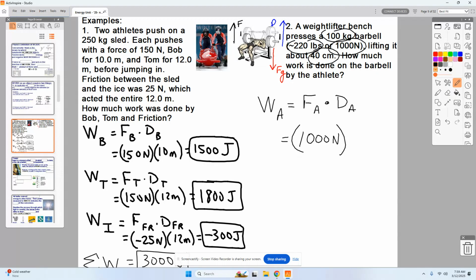So I wouldn't put in 40. I'd put in 0.40 meters. So while he's lifting that, he's doing work of about 400 joules during that lift.